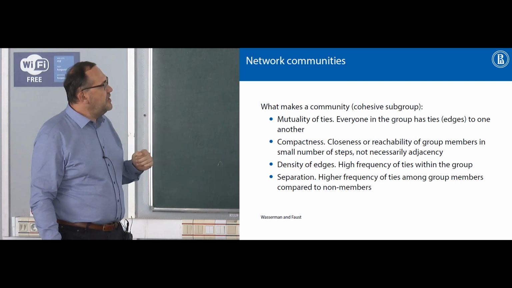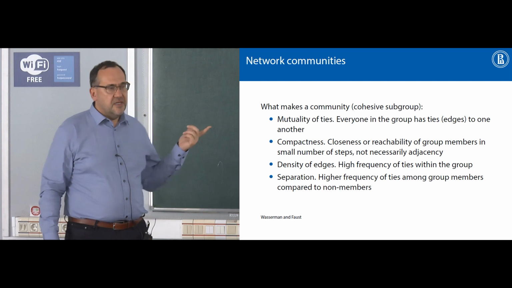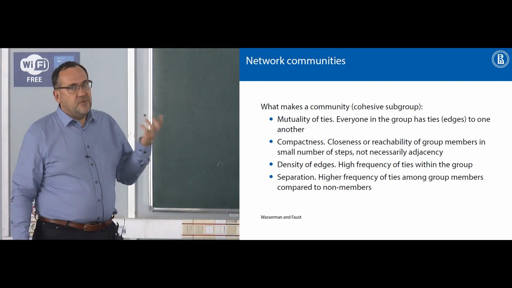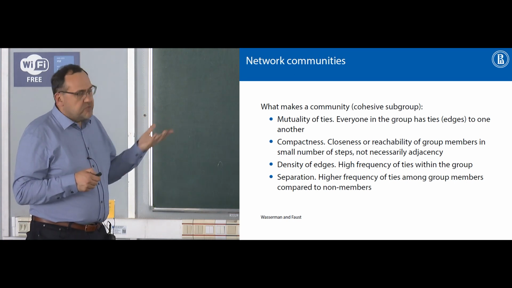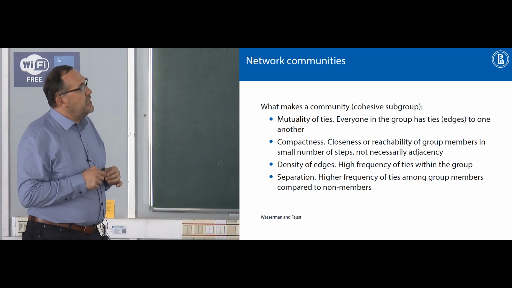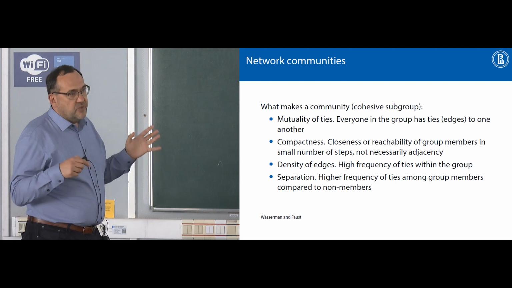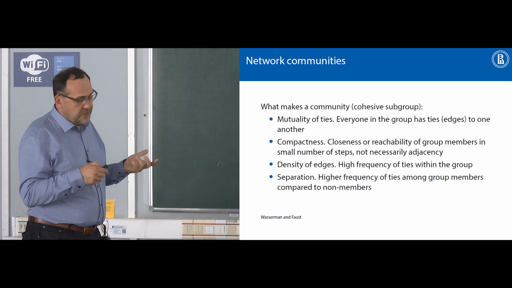What I outlined here actually comes from the famous book by Wasserman and Faust on social network analysis. And the way they define a community or cohesive subgroup is through the following properties. Everyone in the group has ties to one another and to the majority of nodes within the group.